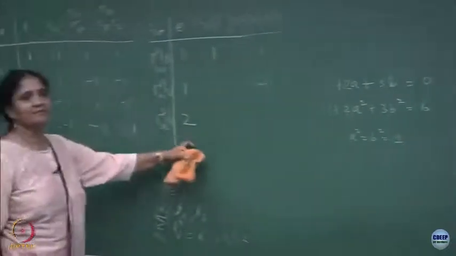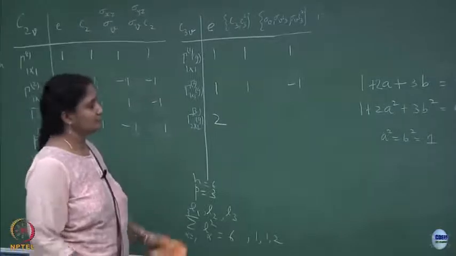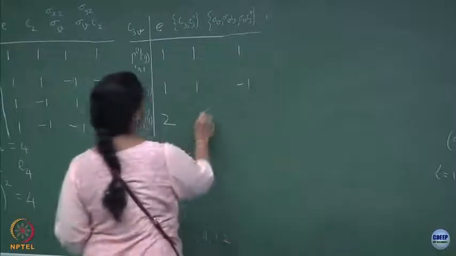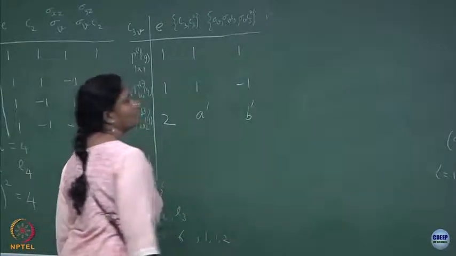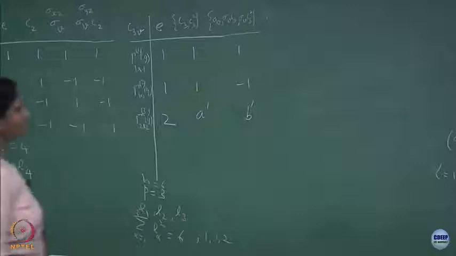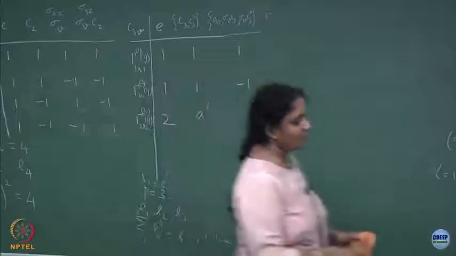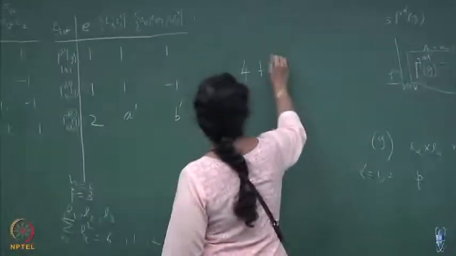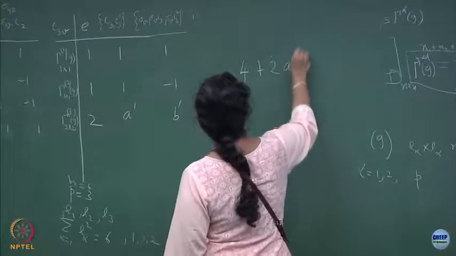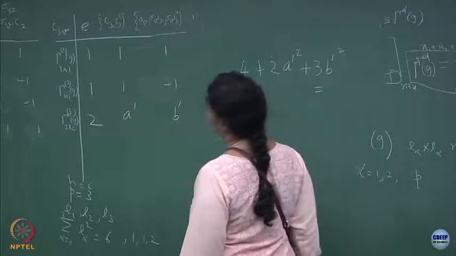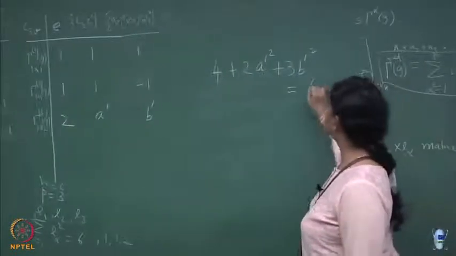Now, let us come to this. So, just taking alpha and beta to be the same will give you the square. So, that will be 4 plus 2 times a prime squared plus 3 times b prime squared, it has to be equal to 6.